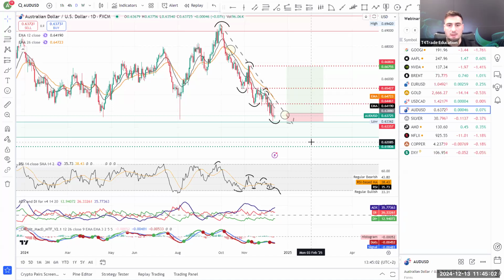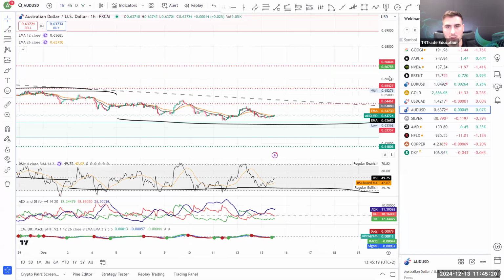Those are the things that I need to see before I go long. So for the time being, those are a lot of factors. Maybe they can come into fruition, but for the time being, we do hold a bearish outlook on this.